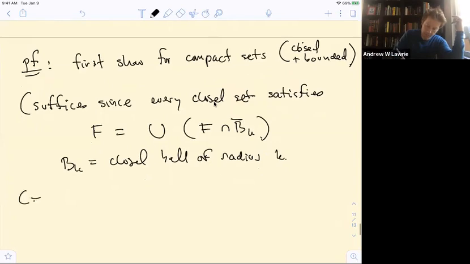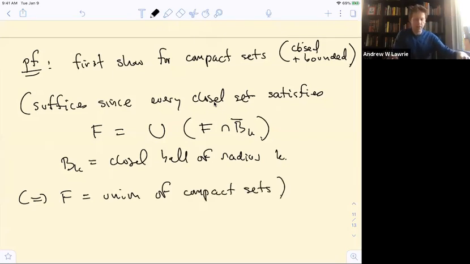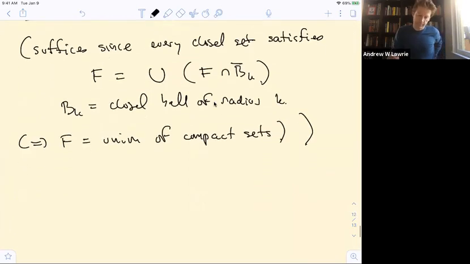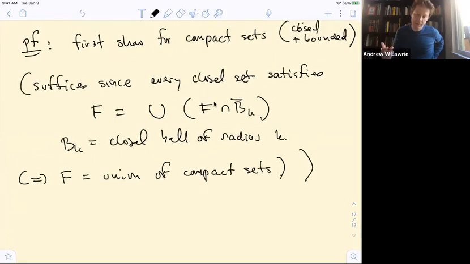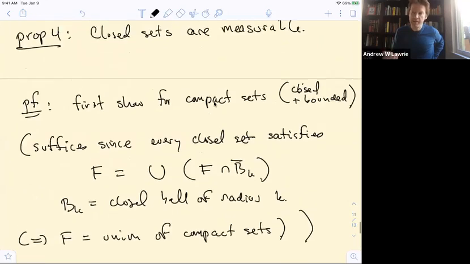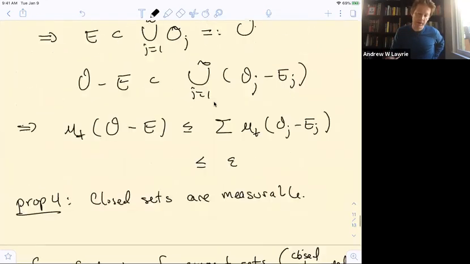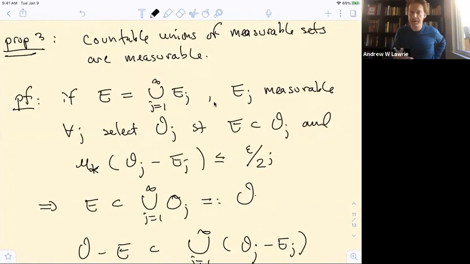This is the ingredient for passing from compact sets to closed sets. Once we show that compact sets are measurable, we can apply the previous property: taking a countable union of compact sets, we obtain every closed set, and thus every closed set is measurable.